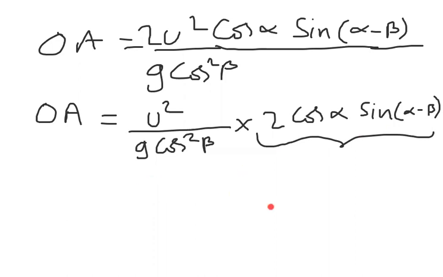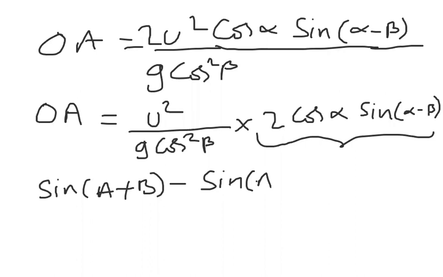See how to do the further simplification process. We have one formula in maths, trigonometry: sine of a plus b minus sine of a minus b is equal to 2 cos a sine b. This is the trigonometry formula.